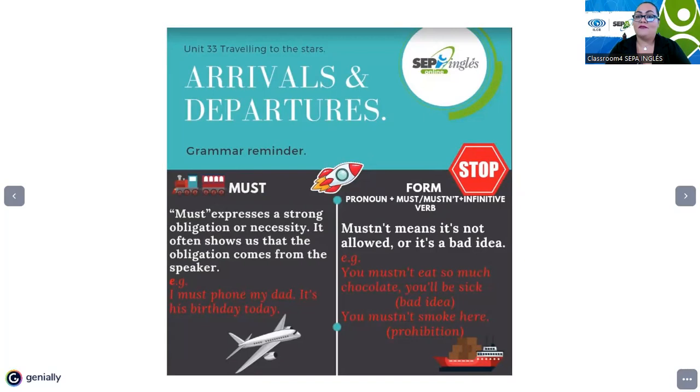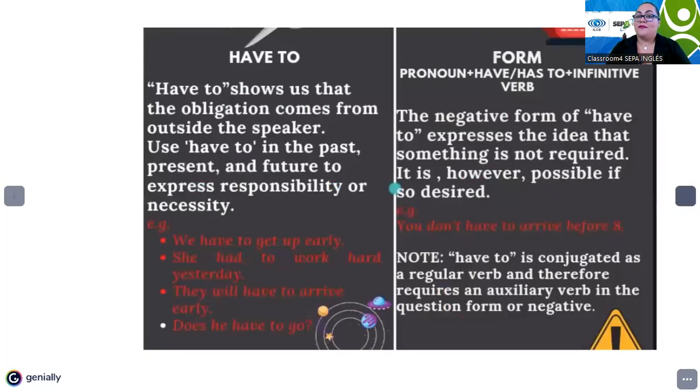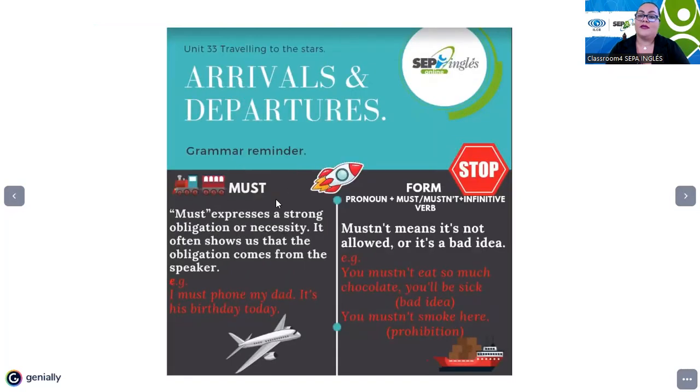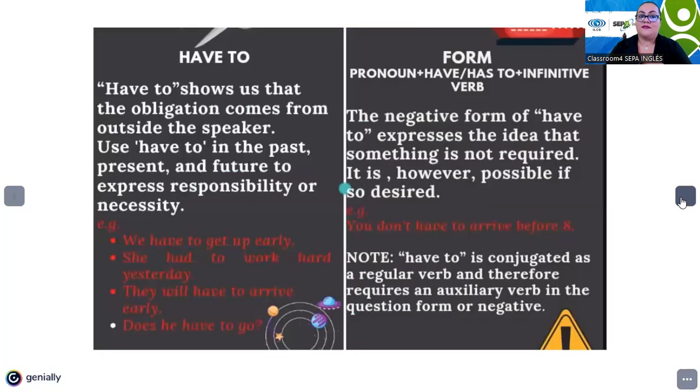And have to is for something that we are obliged to do, from outside the speaker. Again, must expresses a strong obligation or necessity that we have inside. And have to is for external obligations that we have in our life.